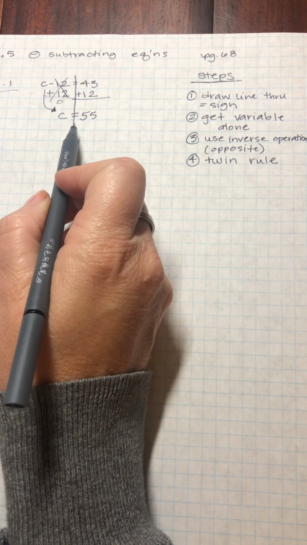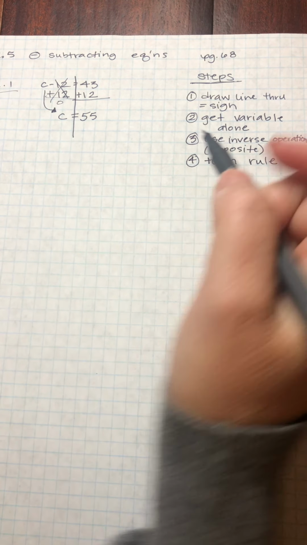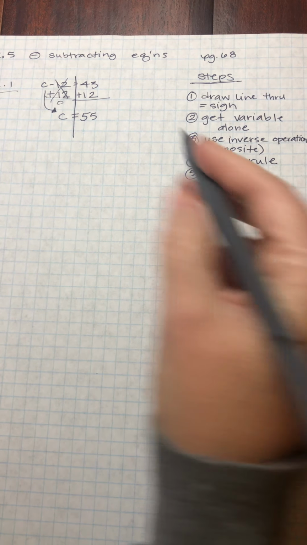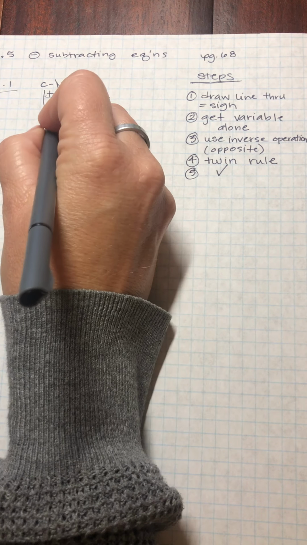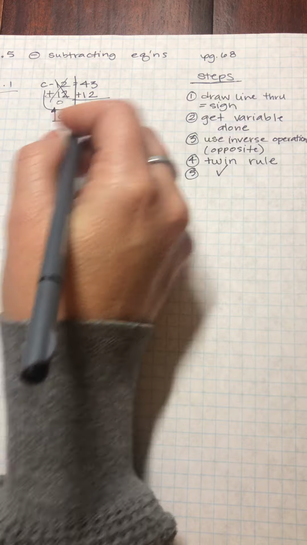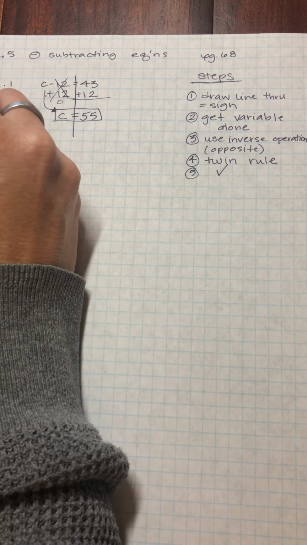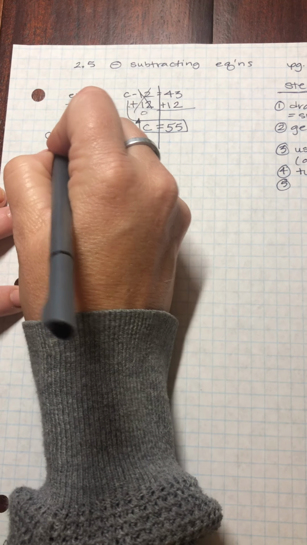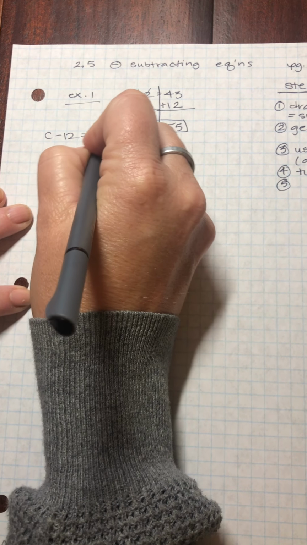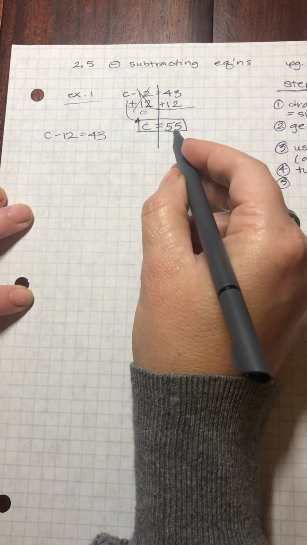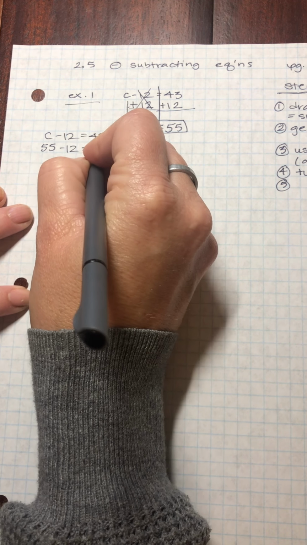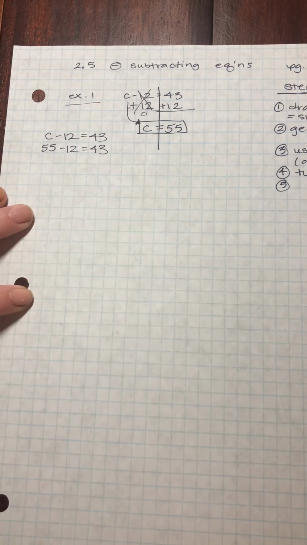C equals 55. Now I can still check these answers. So for C, if I plug in this answer, C minus 12 equals 43 becomes 55 minus 12 equals 43.